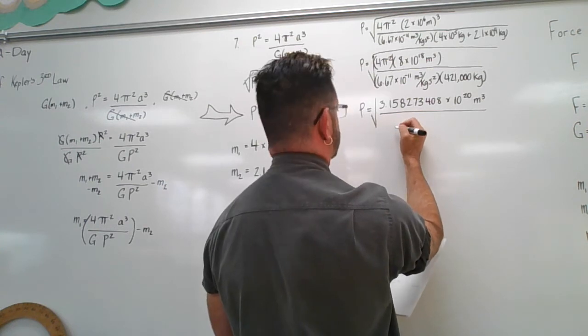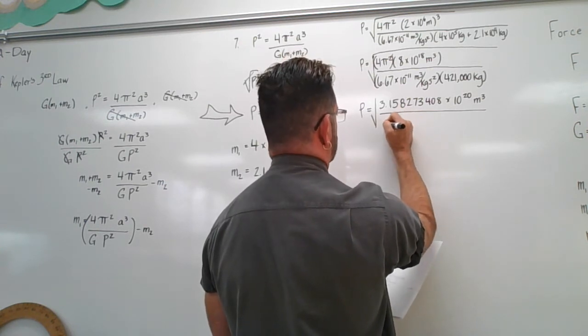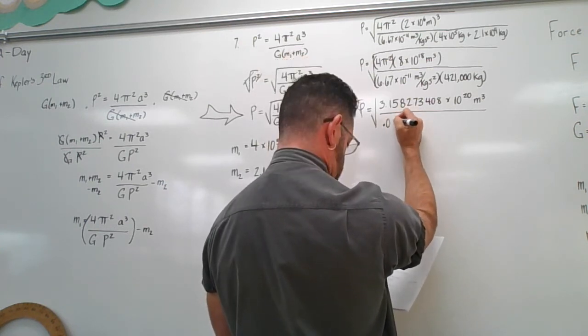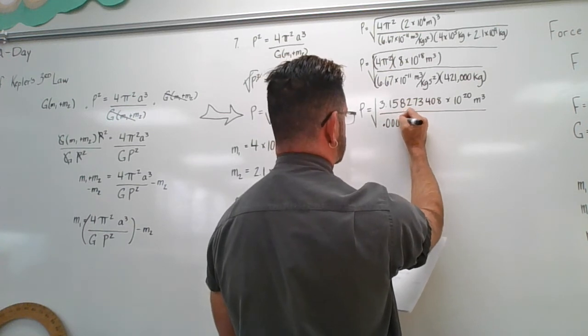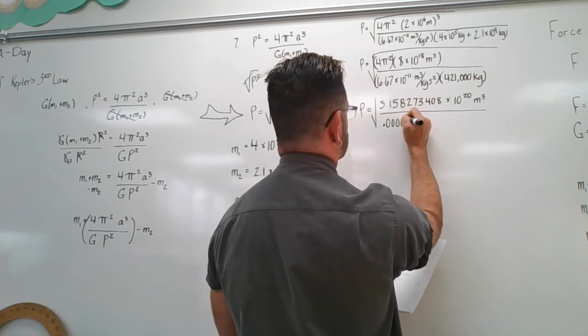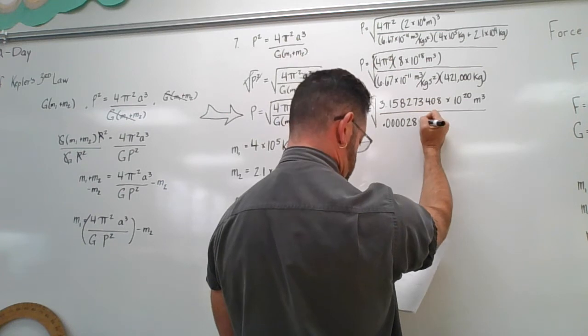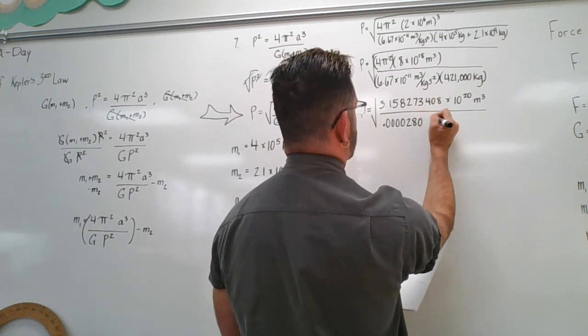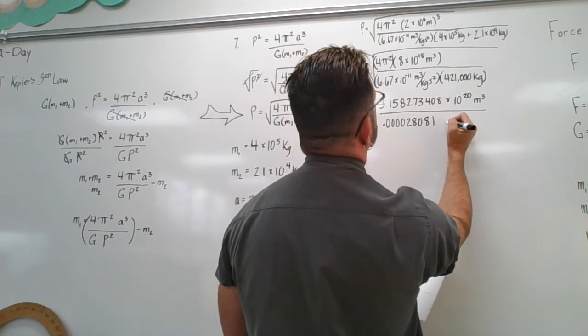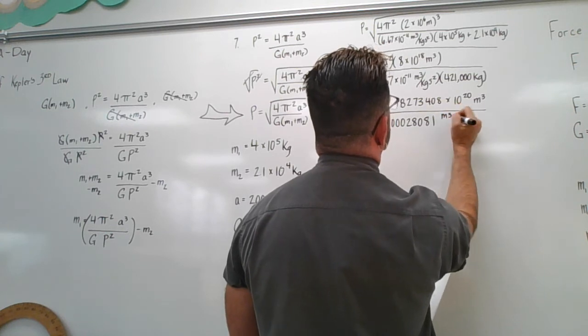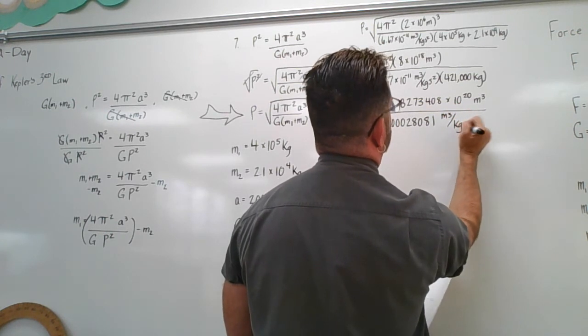This is a crazy looking number. I got 0.00028,081 meters cubed per kilogram second squared.